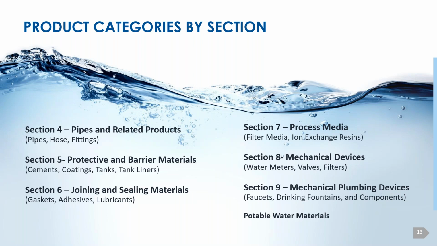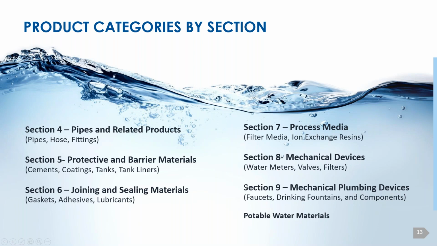Now, Standard 61 is broken up into a number of different sections that categorize products based on the type of product. So in looking at this list of sections, you can get an idea of the very broad scope of Standard 61. Again, it covers everything from pipes and fittings to coatings, tanks, and liners, meters, valves, filters, process media used in a water treatment facility, as well as joining and sealing materials.